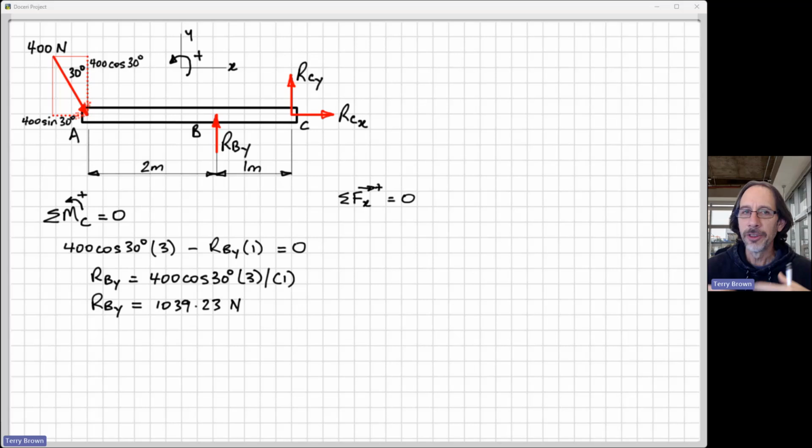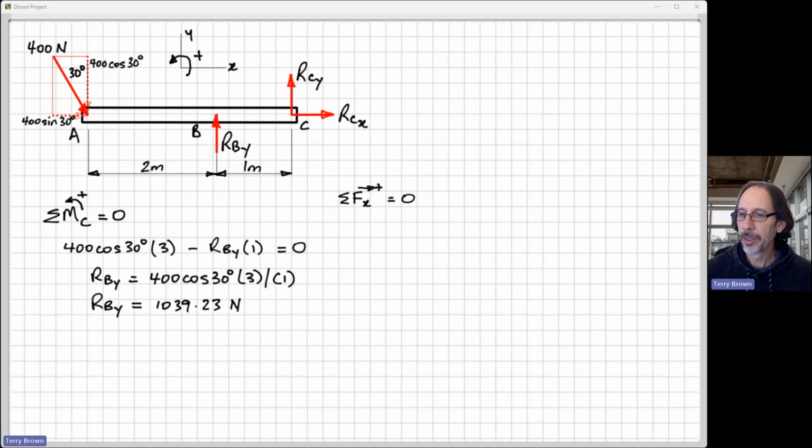But when you're first starting out with this, sometimes that's a little bit difficult. So you can just assume a sense, and then your equations and algebra and the final answer that you get will tell you whether you assumed them in the correct sense or not.